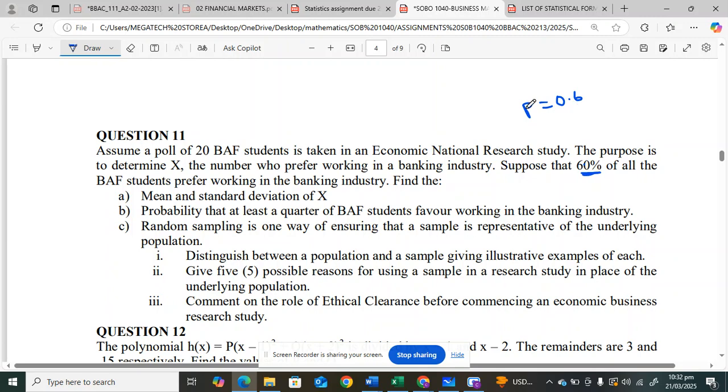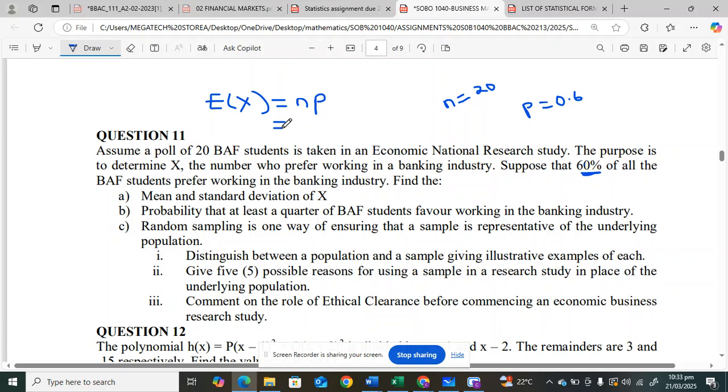n just represents the number of students. In this case, the number of students in this test is 20. So to get the mean, we use that formula: E(X) equals n times p.